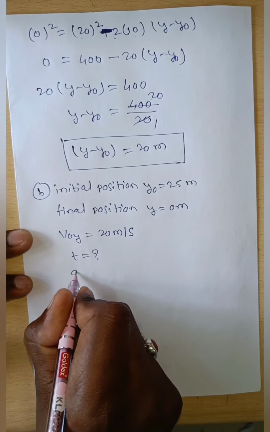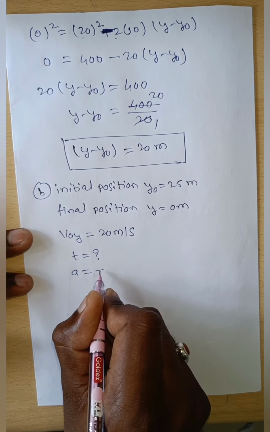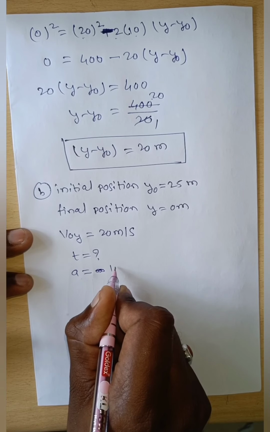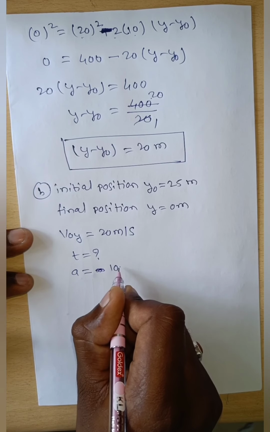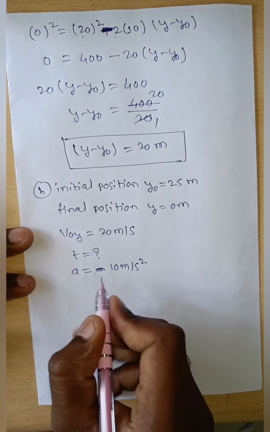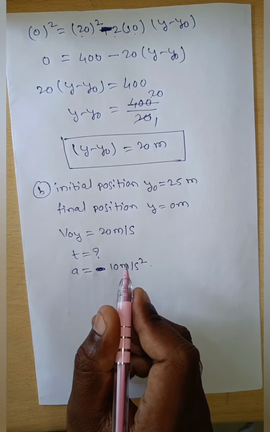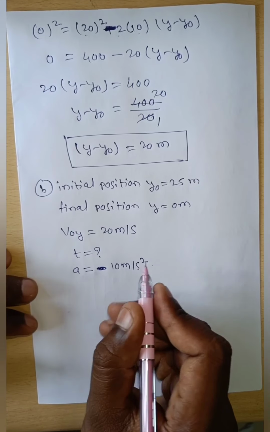And the acceleration is equal to acceleration due to gravity, 10 meter per second squared, or rather the acceleration value is equal to minus g.